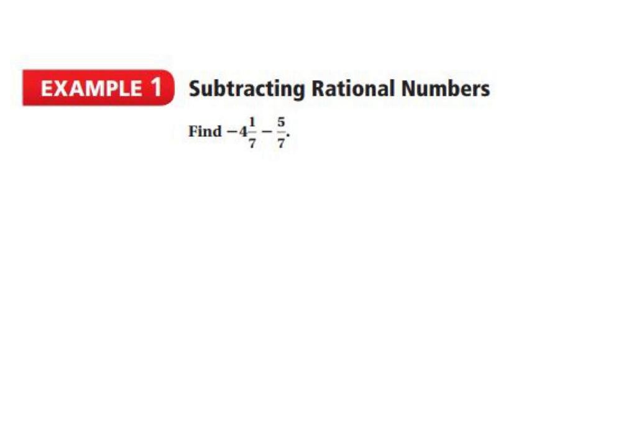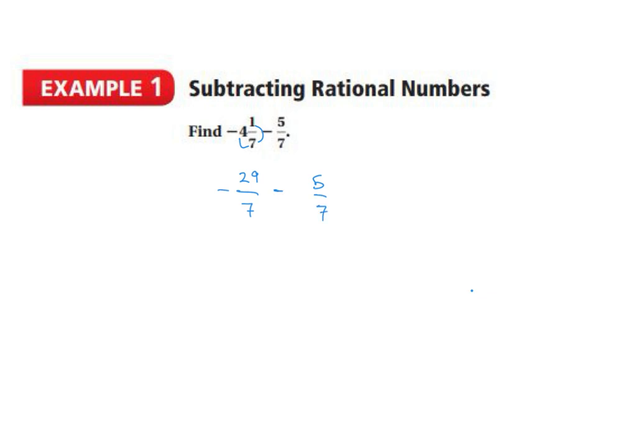These problems today are going to look very similar to previous, but now we're going to have rational numbers, meaning fractions and decimals, instead of just whole number integers. Right, so first step is to turn this into an improper fraction. So 4 times 7 is 28, and one more is 29. So we have negative 29 sevenths. And then we have 5 sevenths. We're subtracting.